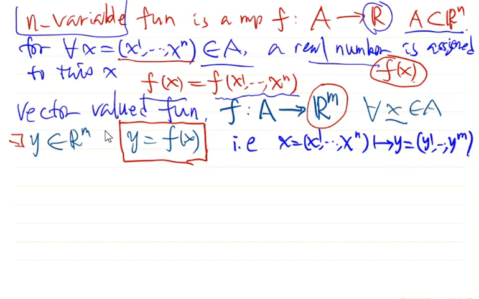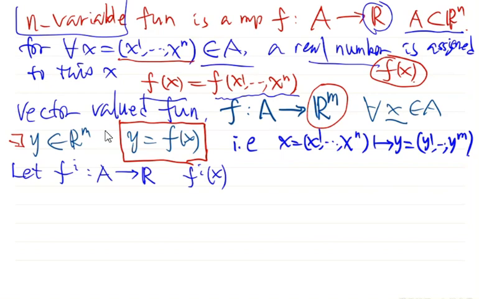So the coordinates y1, ..., ym all depend on x1, ..., xn. Therefore, they are all functions of x. So if you let fi from A to R, what's fi?